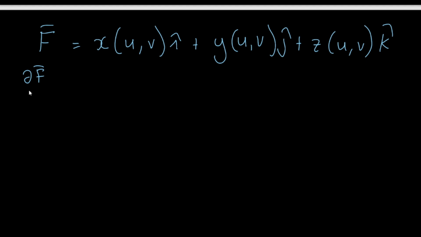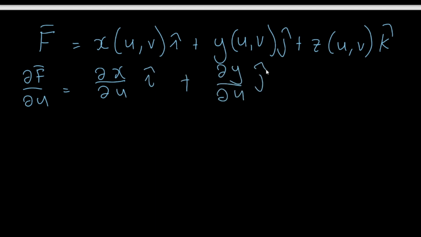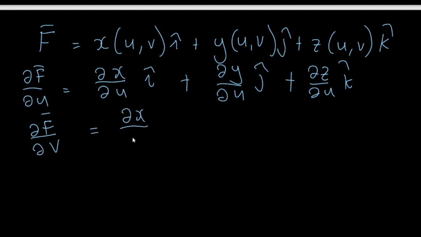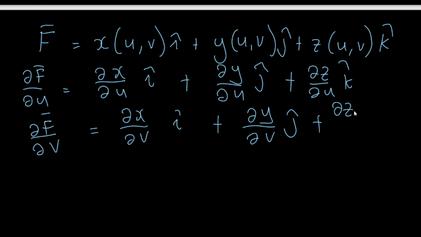So the partial derivative of F with respect to u would just be dx/du i plus dy/du j plus dz/du k. And it's the same with v. We would just take the derivative with respect to v, and it would be dx/dv, and then dy/dv, and then lastly dz/dv. The second derivatives and mixed partials can be done in the same way.